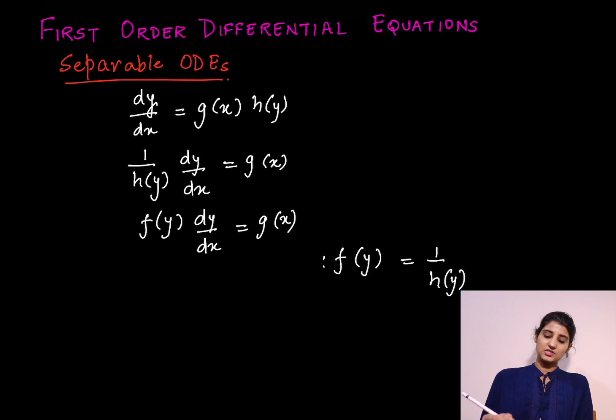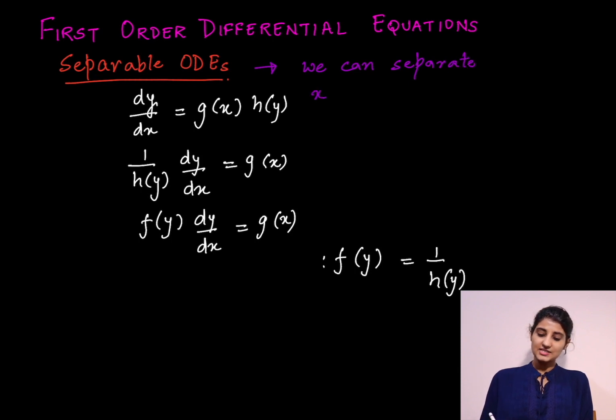As the name suggests, the definition of a separable equation is simple. That is, we can separate x and y terms on opposite sides of the equal sign.